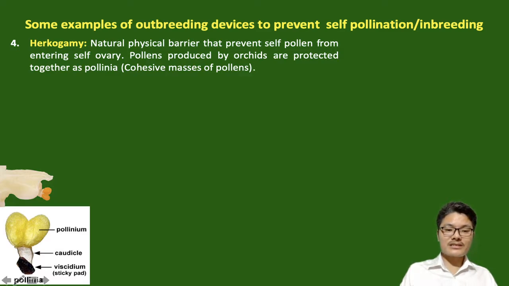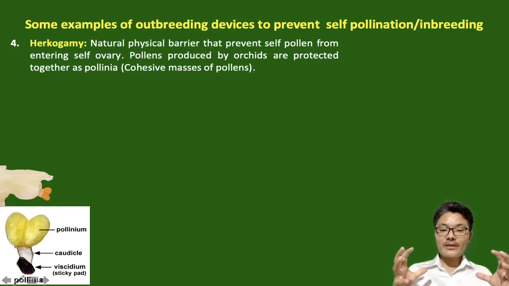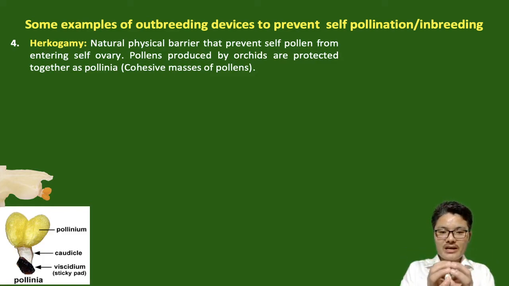Pollinium is cohesive masses of pollen grains, an aggregation or assembly of many pollen grains forming a structure that is called pollinium, and pollinia is the plural form.